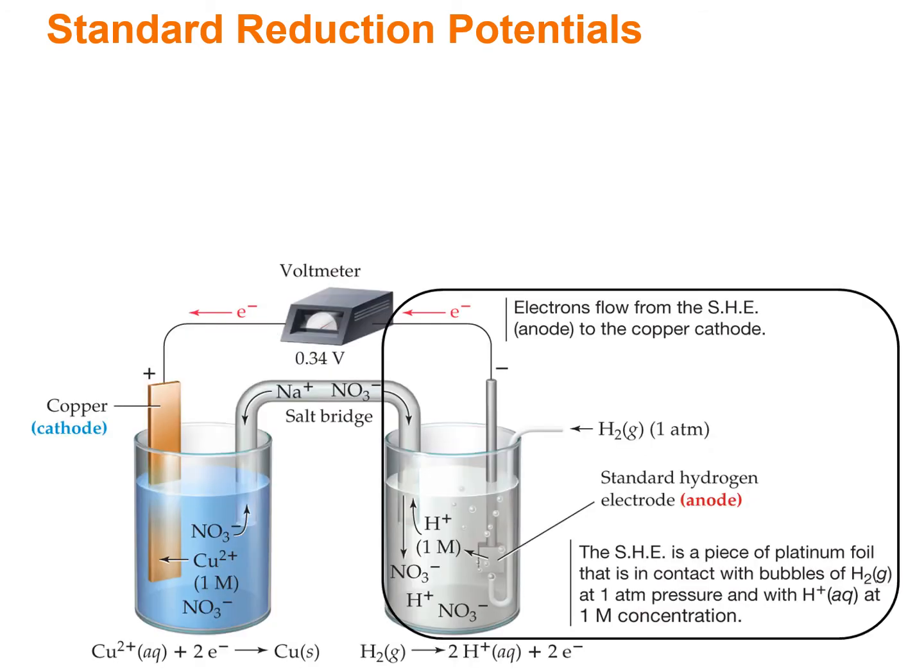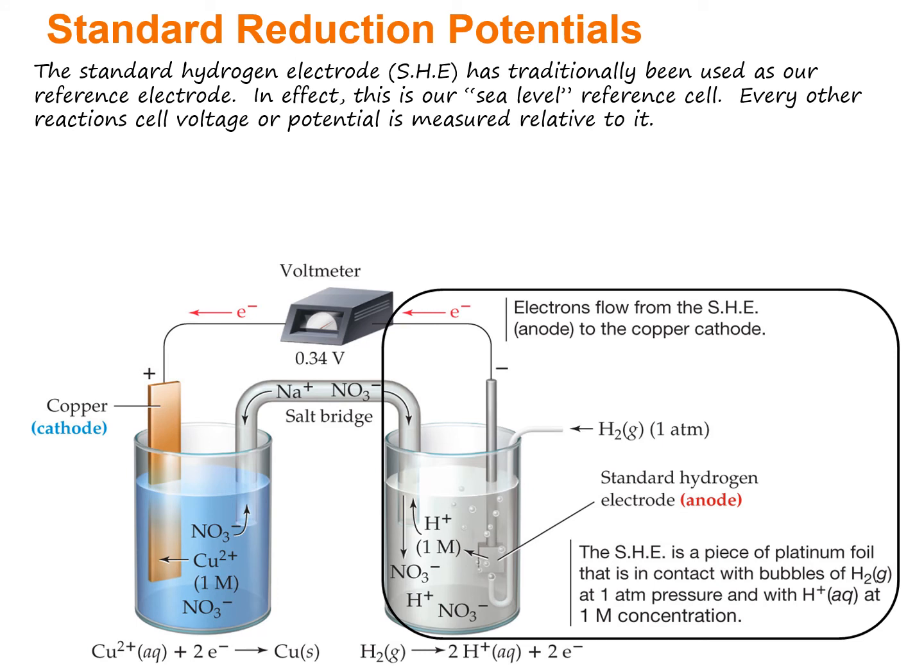So in this slide, we see the standard hydrogen electrode, sometimes abbreviated SHE, which is traditionally used as our reference electrode. In effect, this is our sea level reference cell, okay? This is the thing that we measure all other reduction potentials relative to, and by doing so, we can find out what their voltage is.